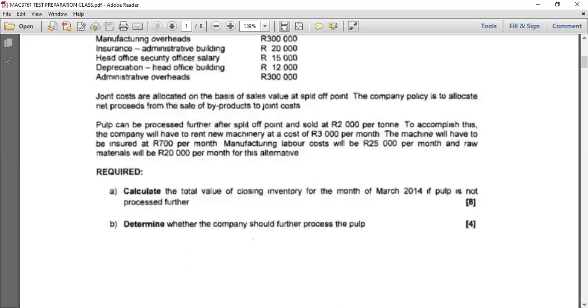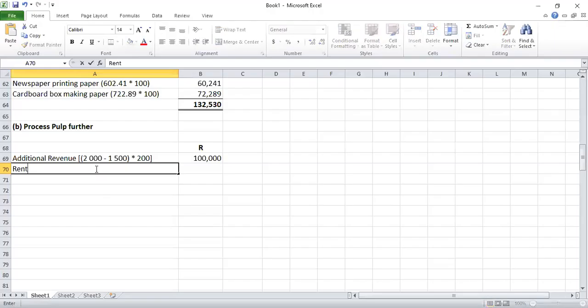So we can say our rent of machinery, which is 3,000.